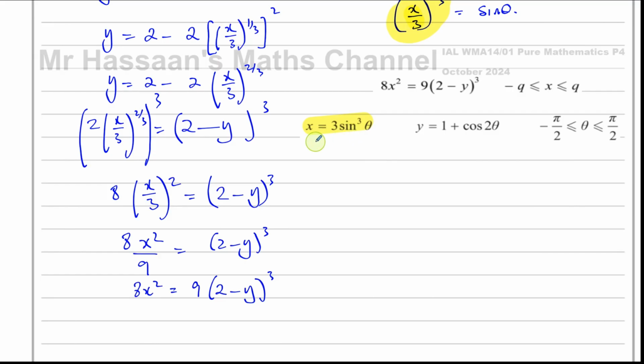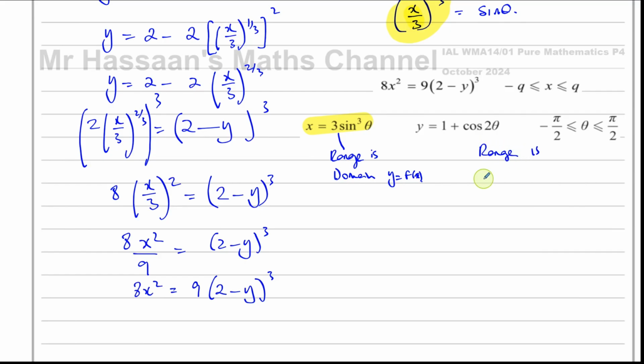Okay, so the range of this will be the domain of the Cartesian equation, when y is a function of x. Okay, when you write it in this form. And here, the range is the range of the function. If you want to find the range of this function, it will be the range of the y part.